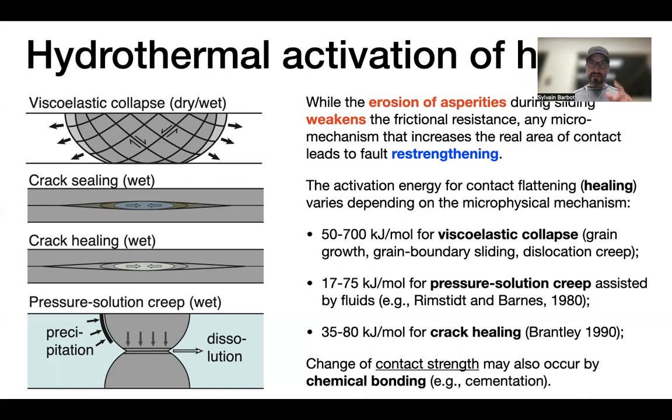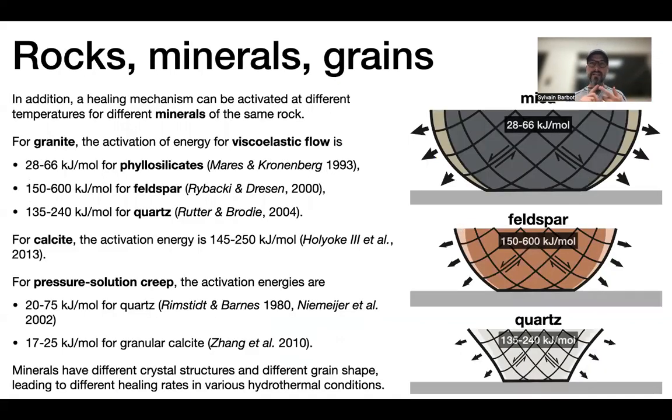So the different thermal activations will depend on the deformation mechanism at the microscale. But there's another layer of complexity: even for the same deformation mechanisms, fault zones with different minerals will have different activation energies as well. For example, if you consider granite and its viscoelastic flow, it will have different activation energies for different constituent minerals.